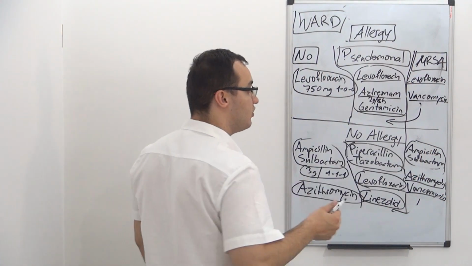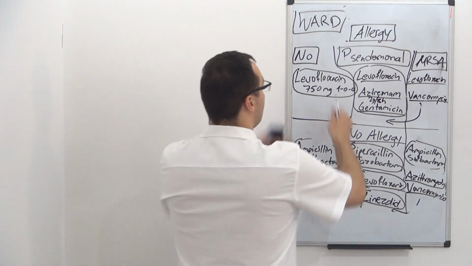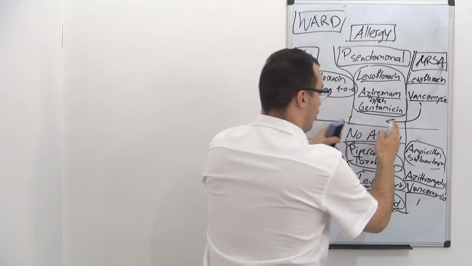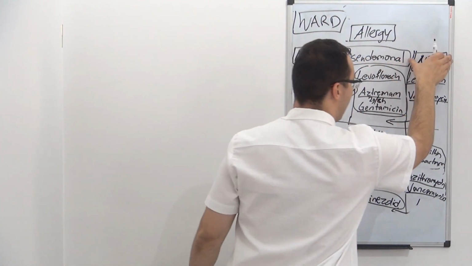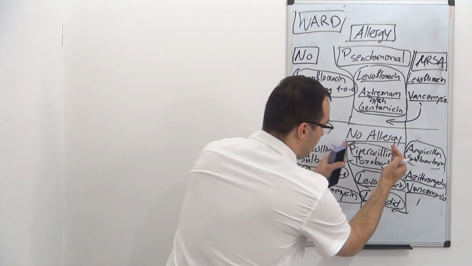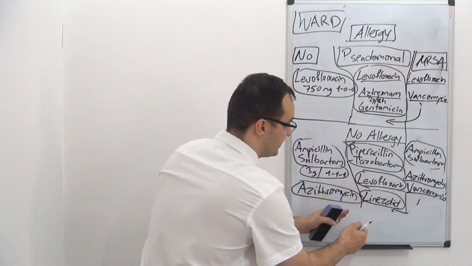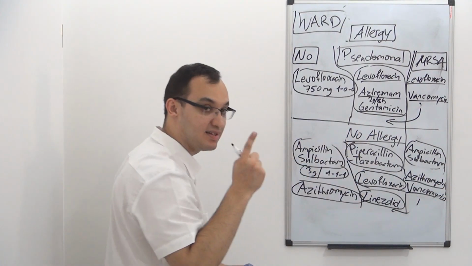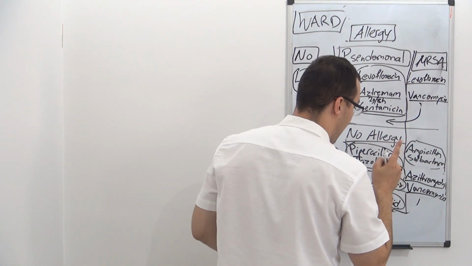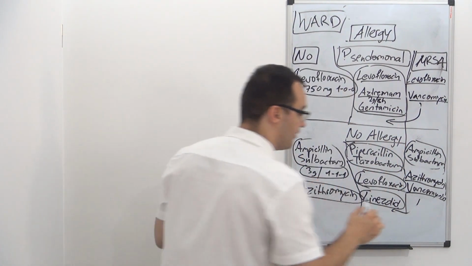Good. And now the fourth case, in the ward, no allergy, and risk factors for both pseudomonal and MRSA. Then I give piperacillin tazobactam, levofloxacin, and I add a vancomycin, but don't add vancomycin here.